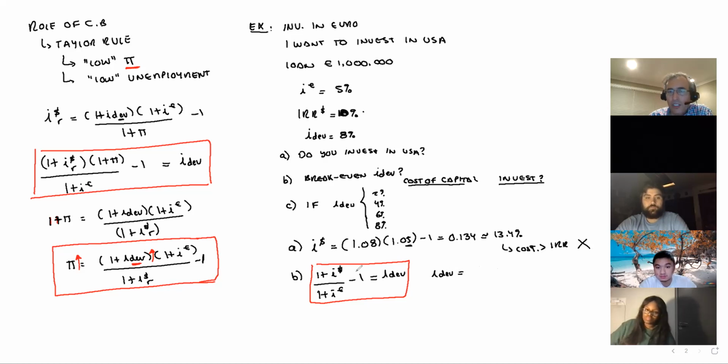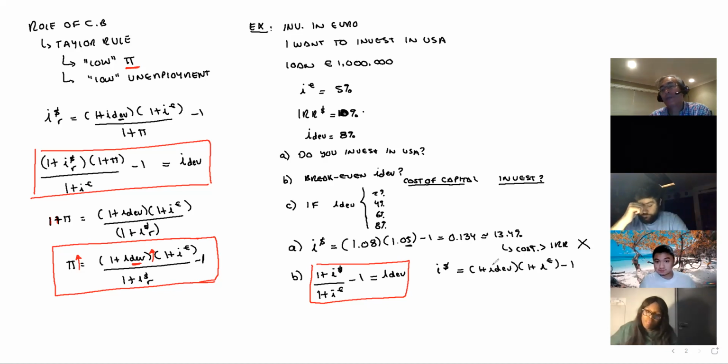Yes. So this implies, well, it's much easier really without doing even this formula. It's much easier if we explain it this way. I know that this one here equals 1 plus I def, 1 plus I euros minus 1. Do you agree? So equilibrium, guys, means that I want this part here to be equal to 10%.